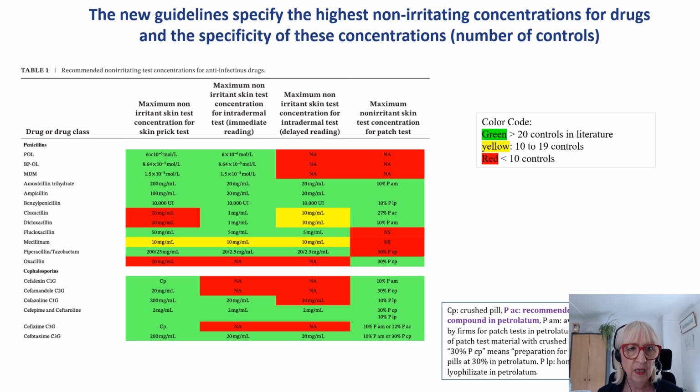And we give non-irritating test concentrations for prick test, patch test, intradermal test with 2 different columns, one for immediate reading and one for delayed readings.